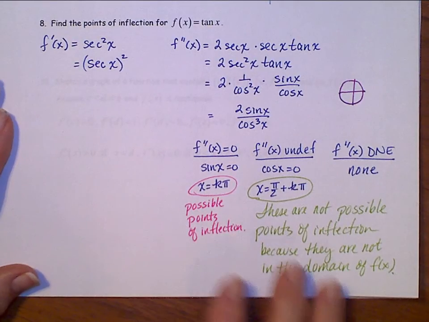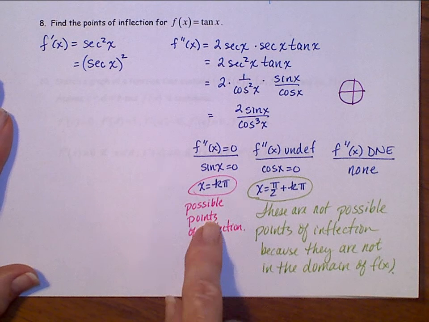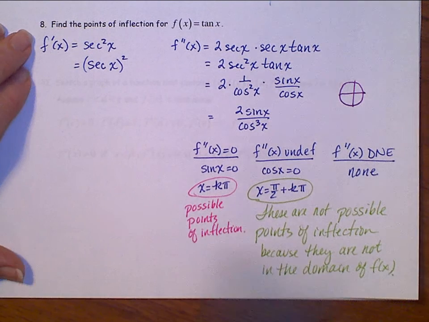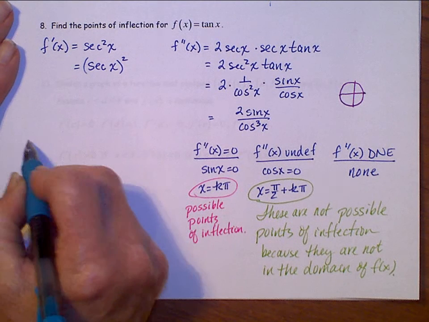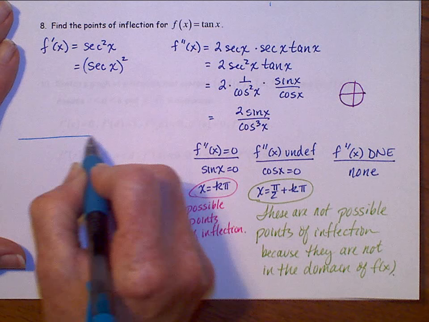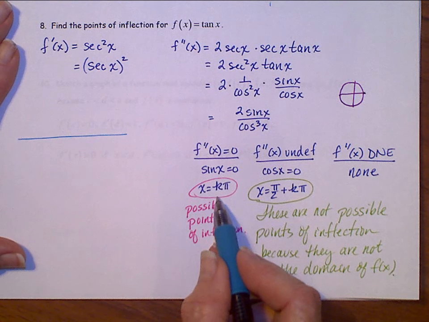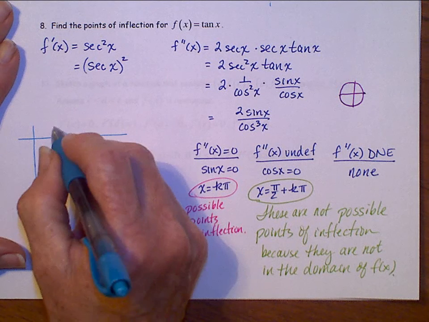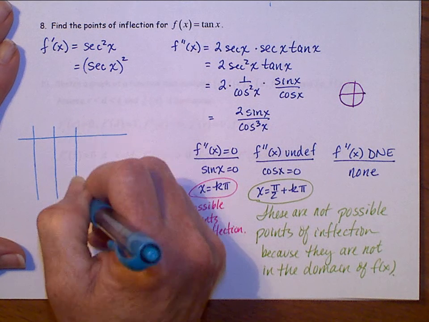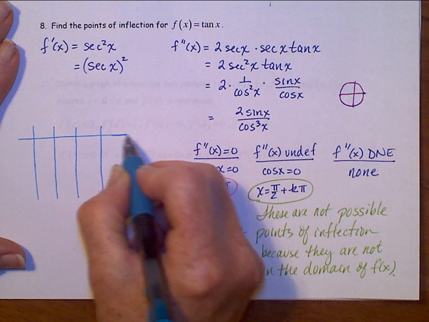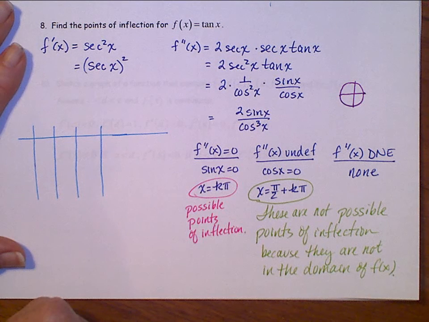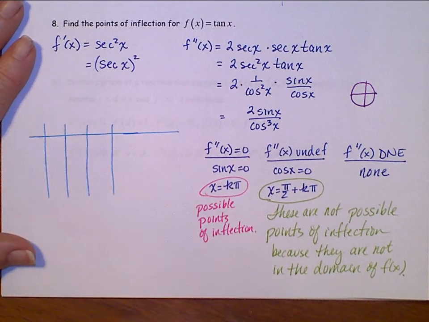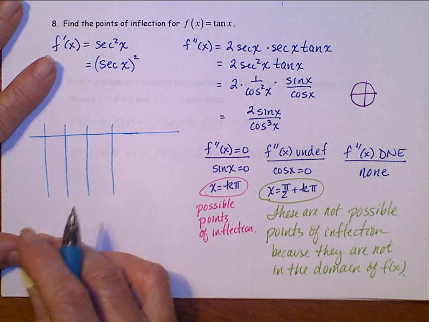All right, so really all we have is k times pi, and we need to set up a sign chart here. And this gets just a tad bit confusing because that's an infinite number of possible points of inflection. But we do know that tangent repeats itself every pi. So if we look at one interval of length pi, find the points of inflection there, then we know there's going to be a point of inflection every pi after that.